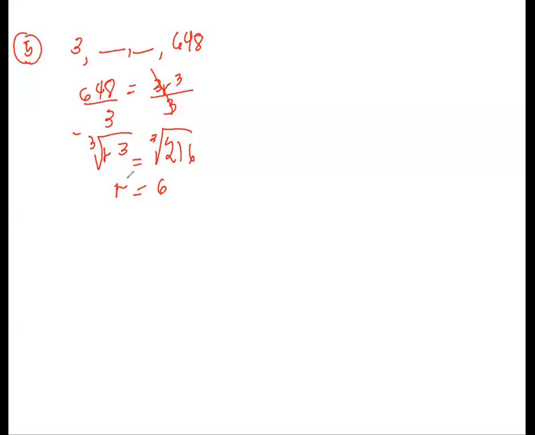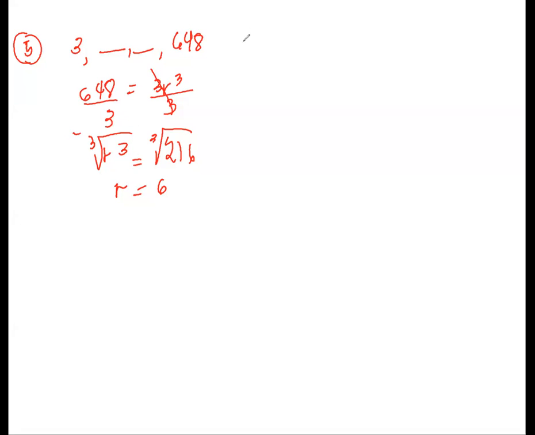So since the exponent of R is 3, the value is positive only. We will consider the positive. Again, if it's even, you consider the positive and negative values of R, or common ratio.